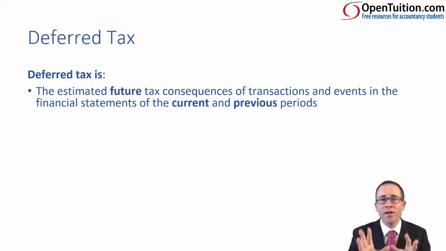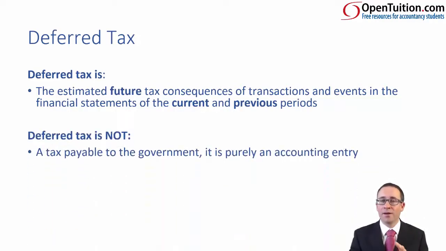So what we did in F1 with regards to the current tax still stays the same. The key bit about deferred tax is that it is not a tax payable to the government. It is purely an accounting entry. That's all we do. We just debit something and credit something. So we adjust the statement of profit or loss and then begin to look at this deferred tax balance on the SFP.